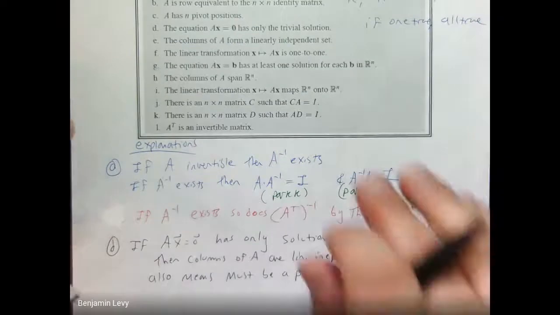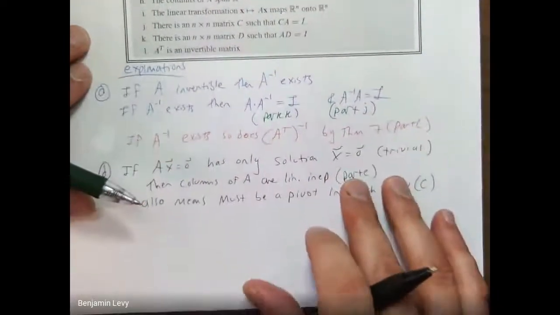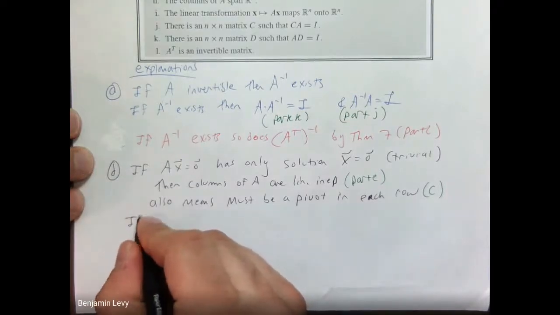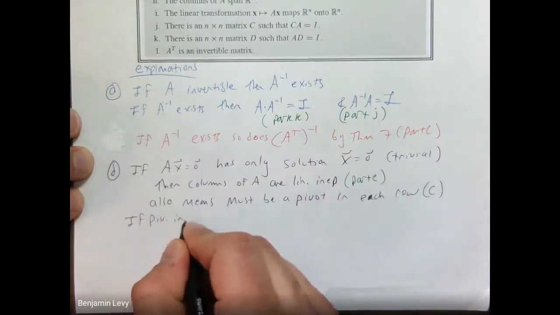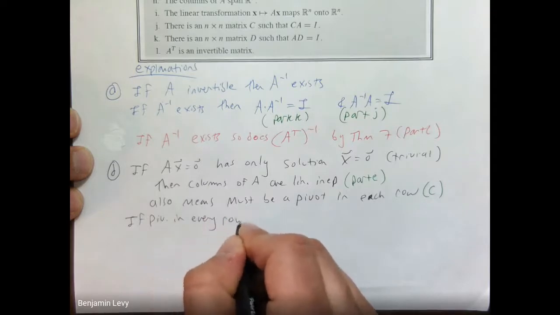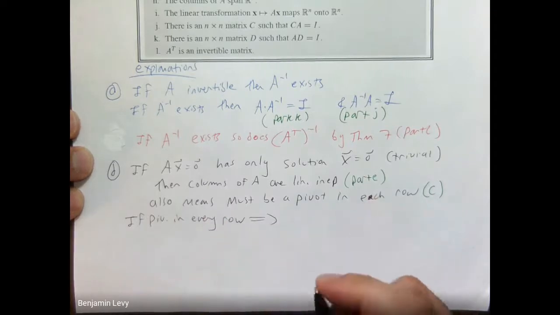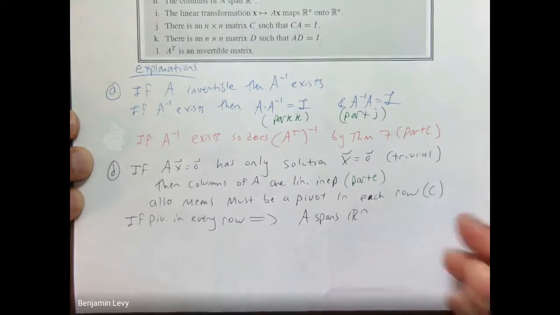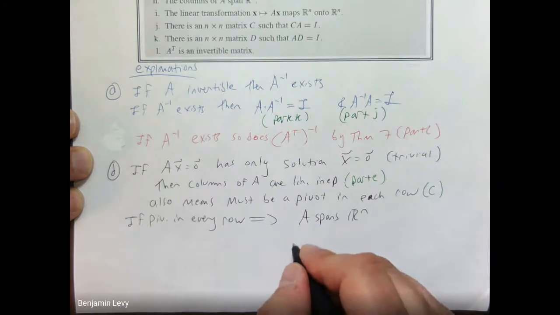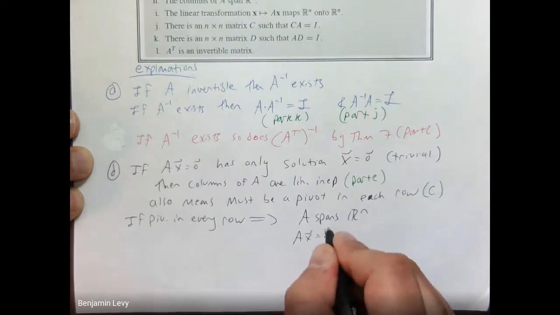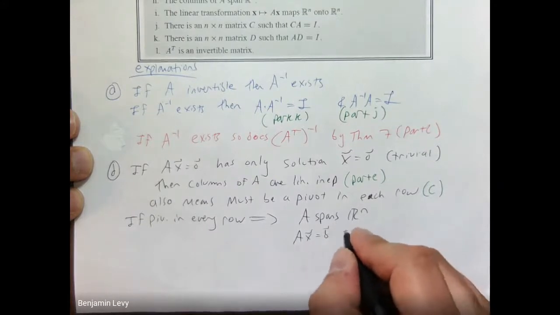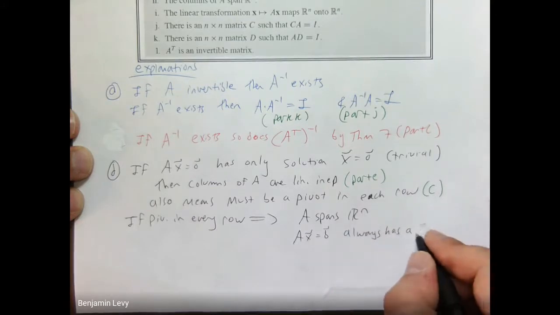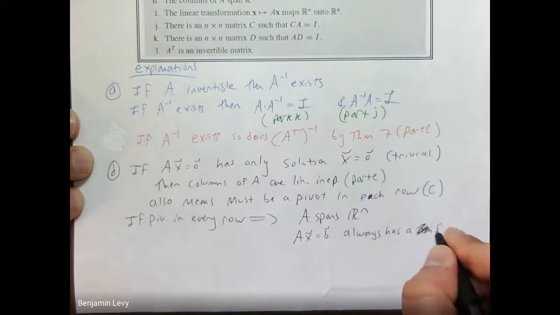And then, oops, I'm realizing I'm off the page here. If there's a pivot in every row, that implies a whole bunch of things. It implies that A spans Rn, that's part H. Spanning means AX equals B always has a solution.